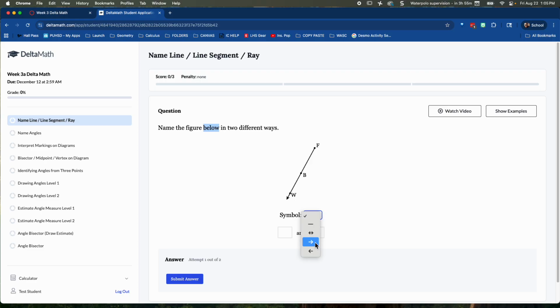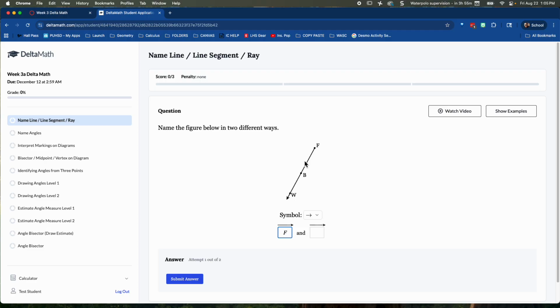I'm going to choose the forward arrow because that's something we call a ray. It starts at a point and just moves in a direction. This ray starts at F because that's the single point where the line doesn't continue past it.